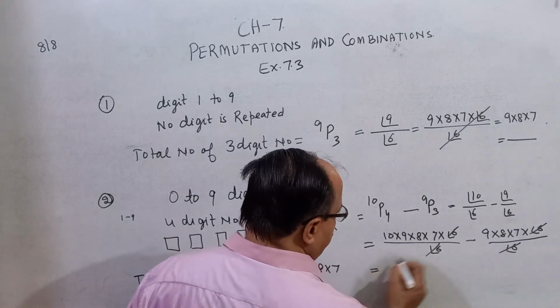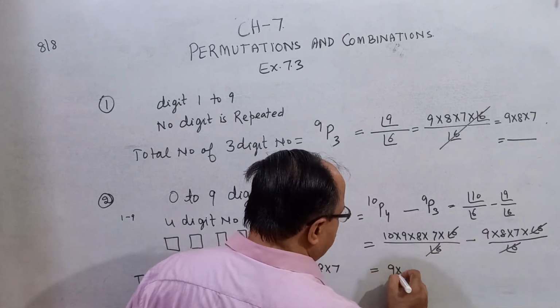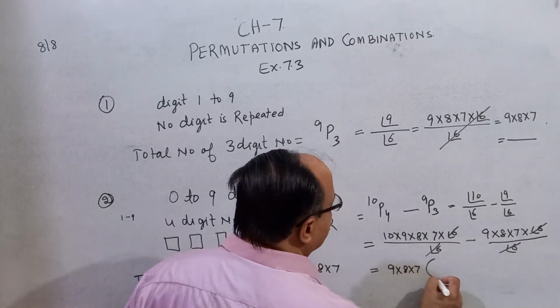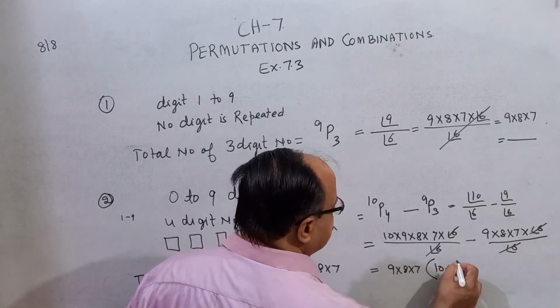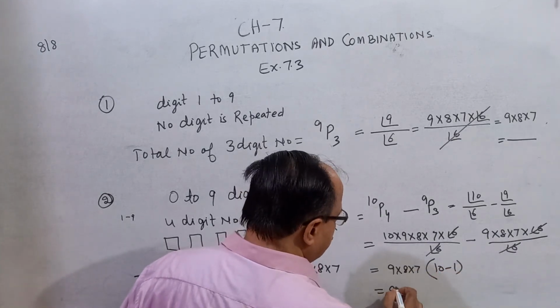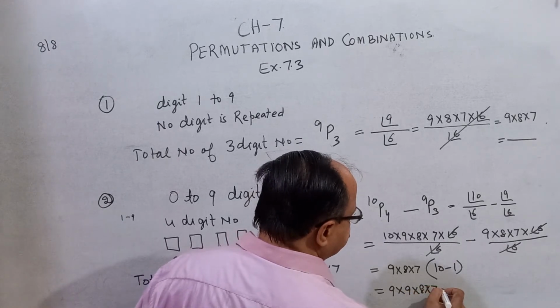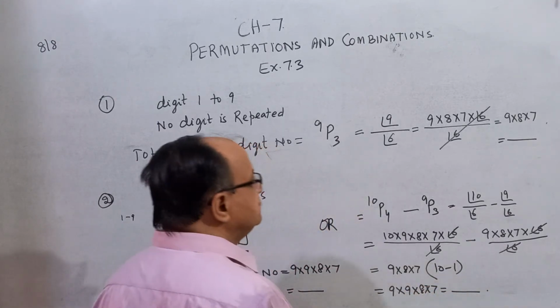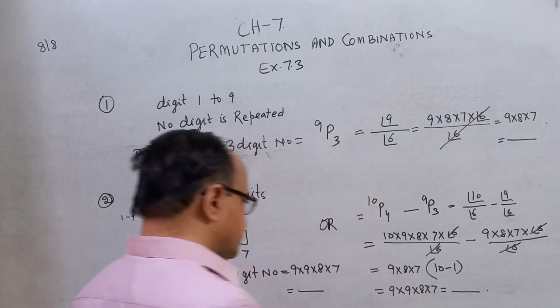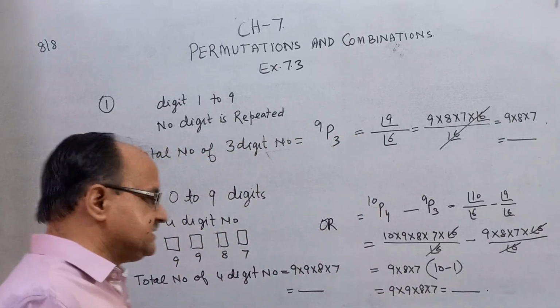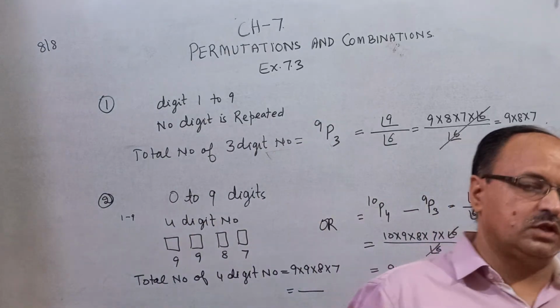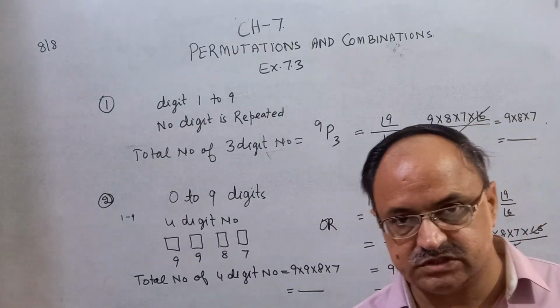Right? Now you can take 9 into 8 into 7 common, that is 10 minus 1, that is 9. So 9 into 9 into 8 into 7, that is the answer. Correct? So this is the solution of question number 2. Question number 2 is a very tough question. Clear?